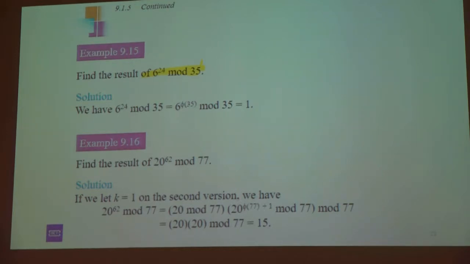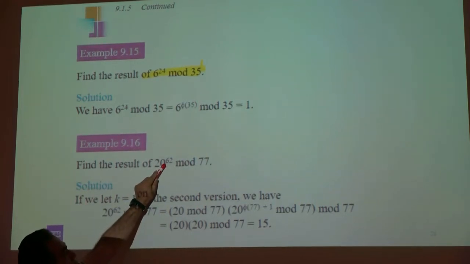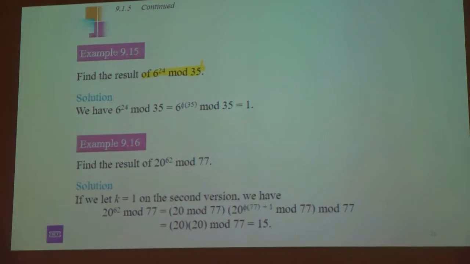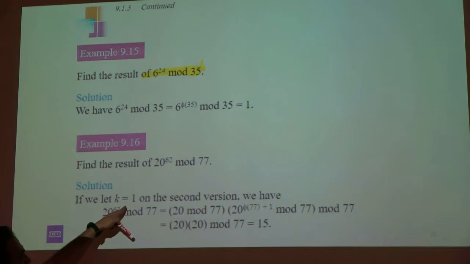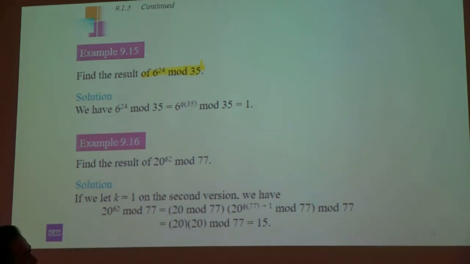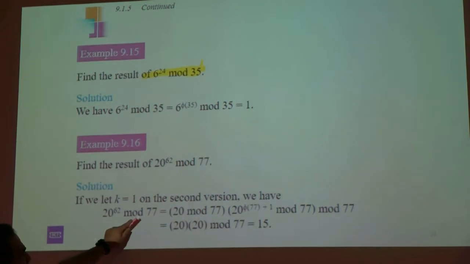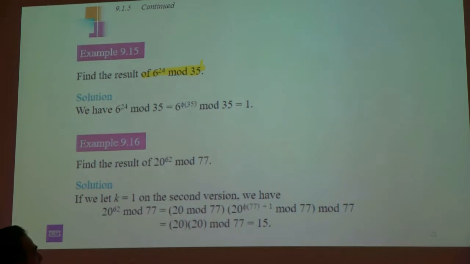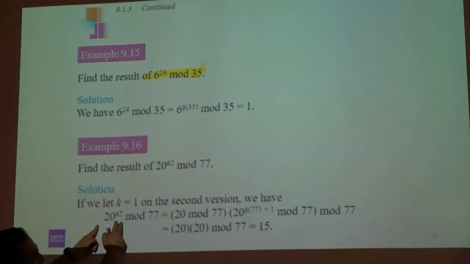Let's take a look at this example: 20 to the power 62 mod 77. What we do here is let k equal 1 in the second version.